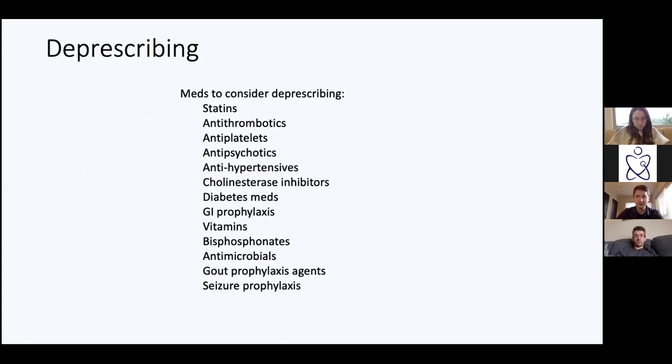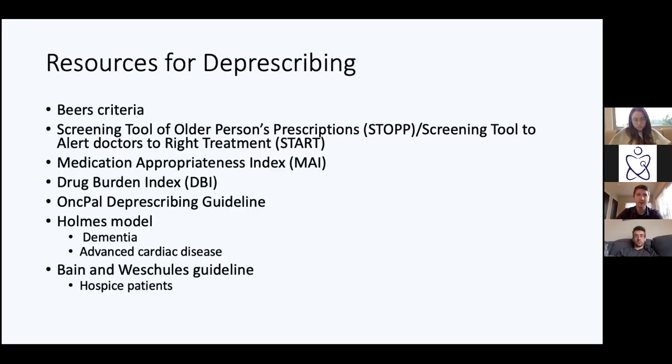So a pharmacist shared this with me. These are some meds that she often recommends considering deprescribing. I'm not going to go into detail on all of these, but just to think about it in terms of ones that are often worthwhile to deprescribe. There's a ton of resources for deprescribing. I think the Beers list is a good one.